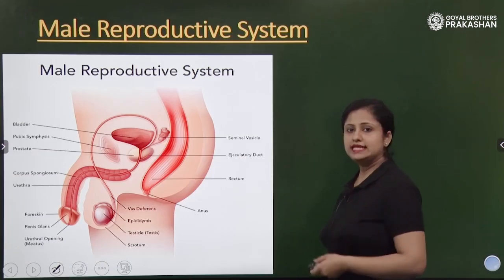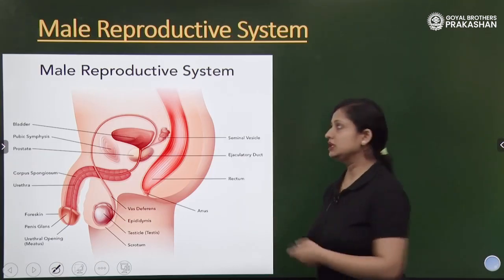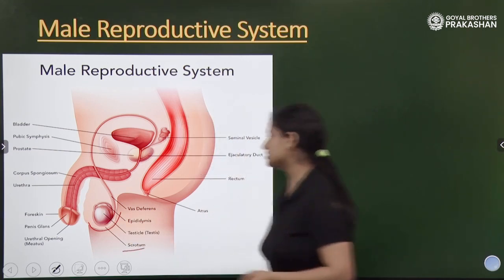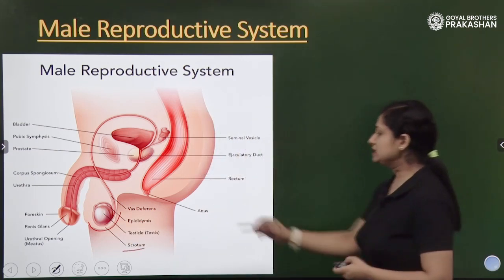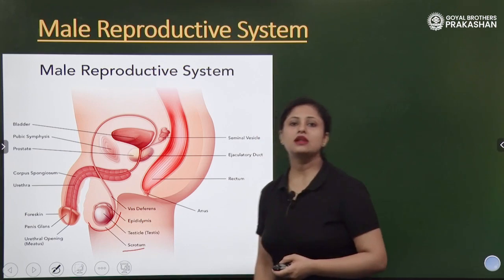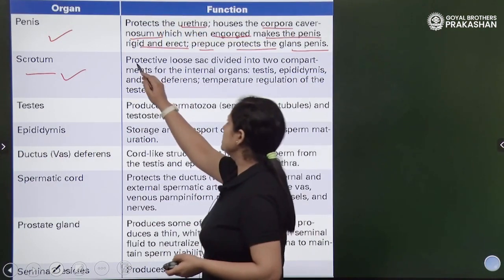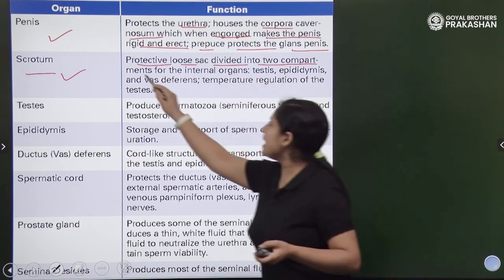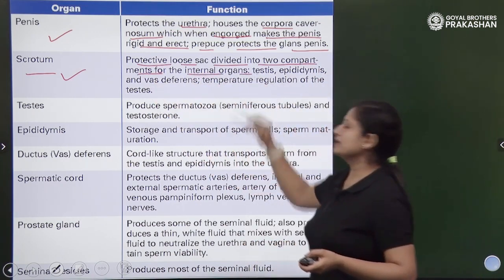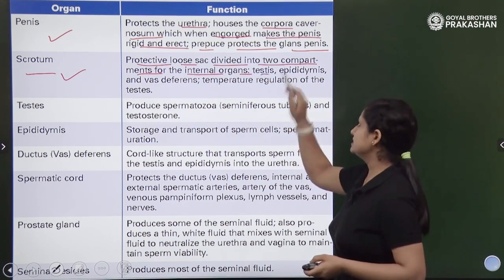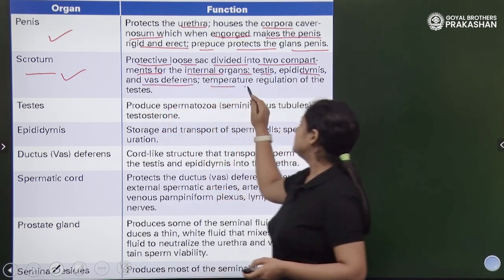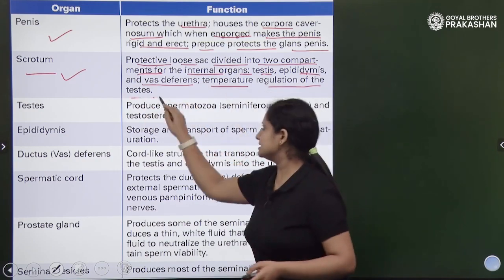So, let's see the structure scrotum in this diagram. So scrotum is this bag-like structure. So this is the structure in which testes are located. So scrotum is protective loose sac divided into two compartments for the internal organs, that is testes, epididymis and vas deferens, temperature regulation of the testes.